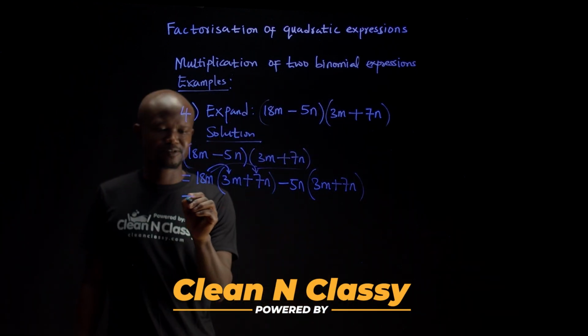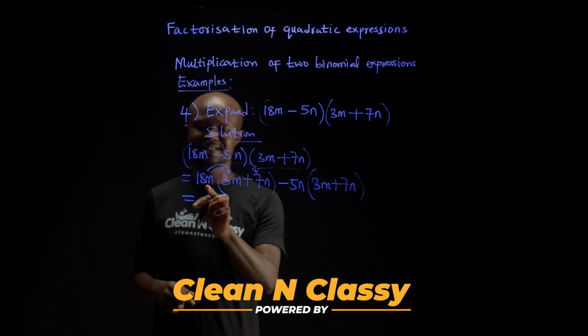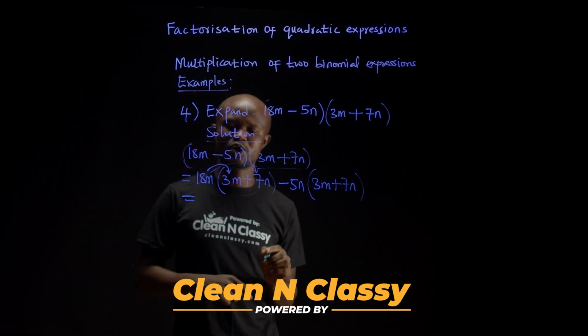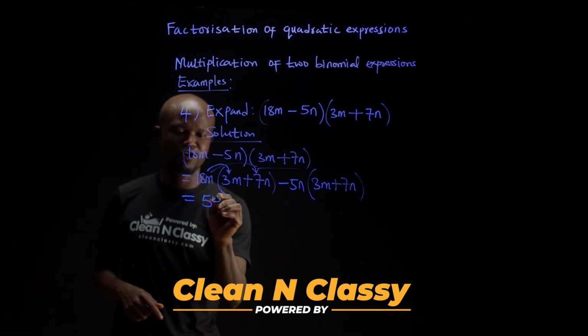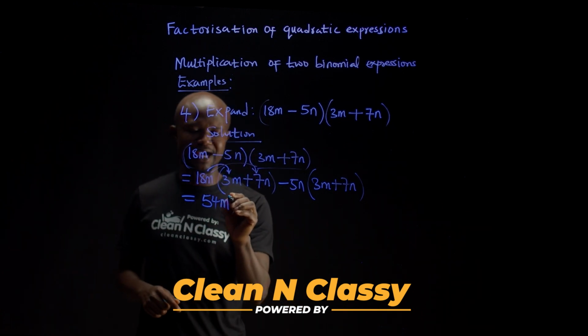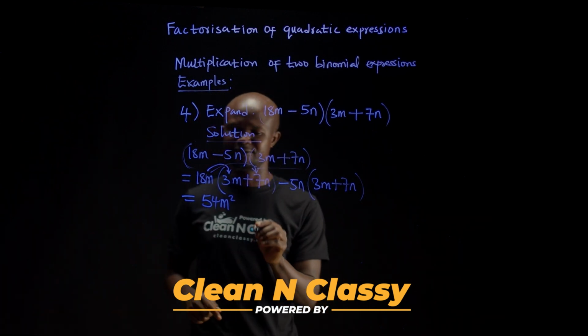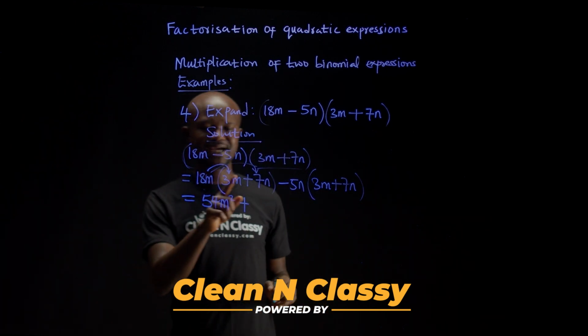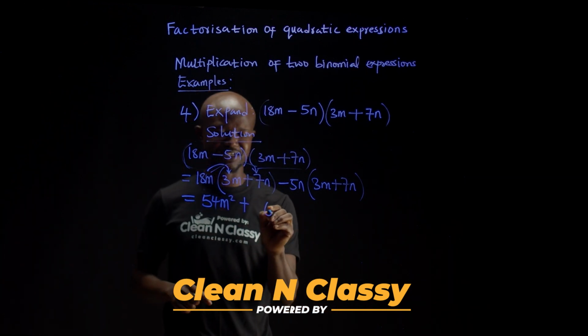Now, we need to expand the bracket. 18m times 3m, what do we have? 18 times 3, that is 54. So we have this to be 54m squared. Now, 18m times 7n, what do we have? 18 times 7. 7 times 8 is 56.